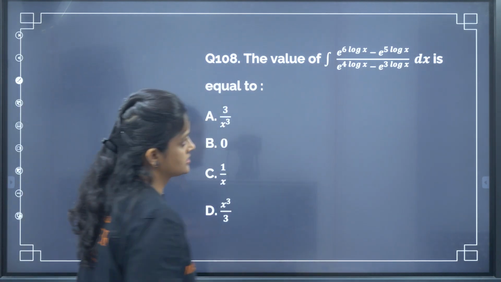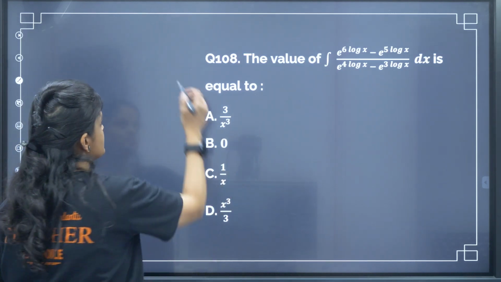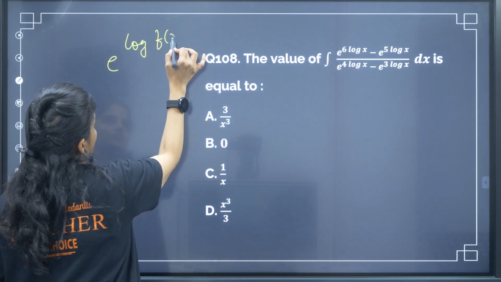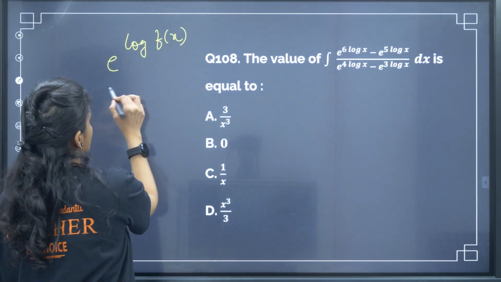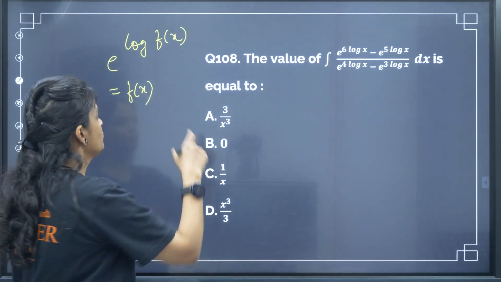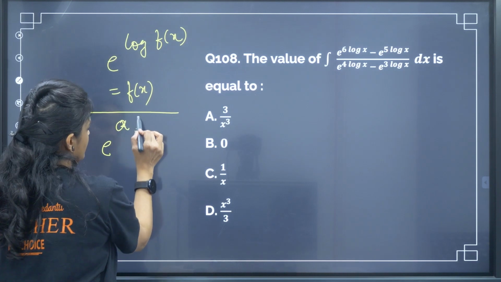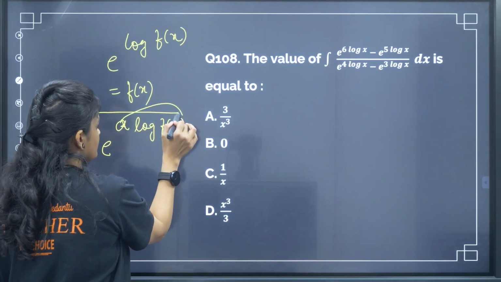The value of this looks complicated but is very simple, because whenever we have e to the log f of x, exponential and logarithm will get eliminated. I will get only f of x. If I have any power with the log like this, suppose we have a log f of x, first bring it here.